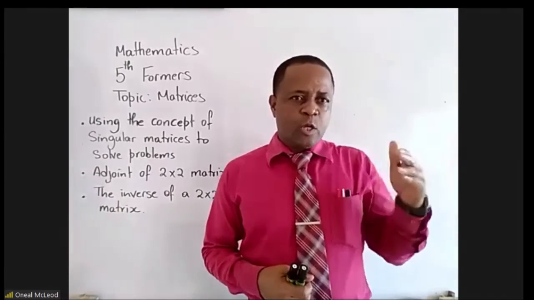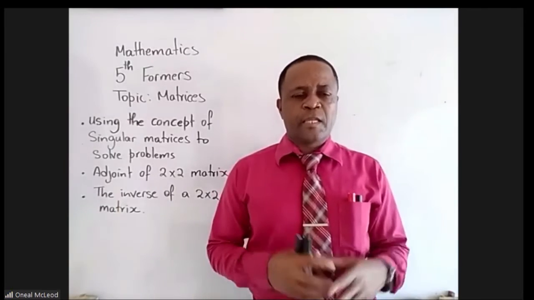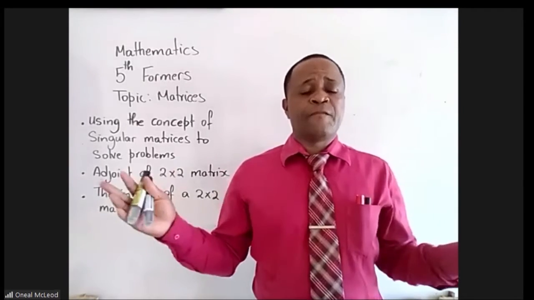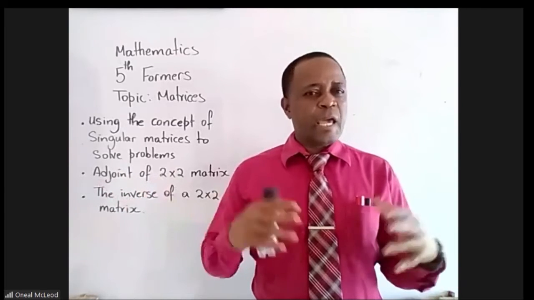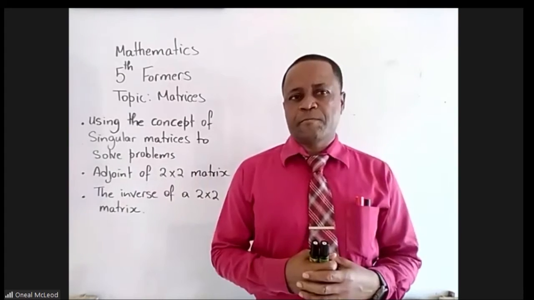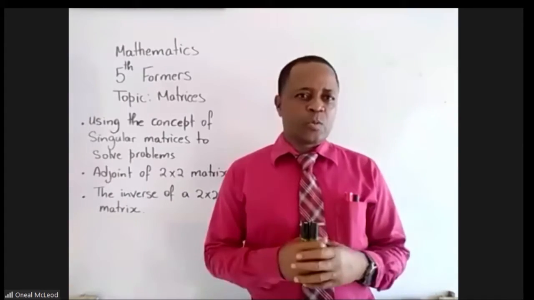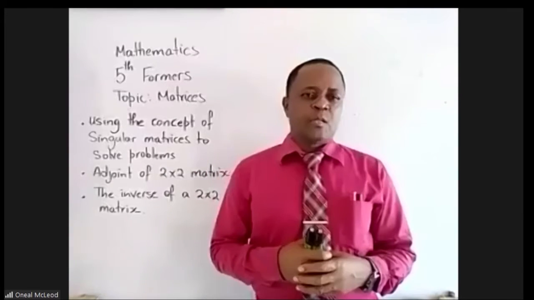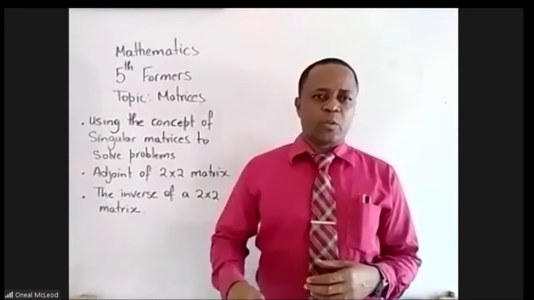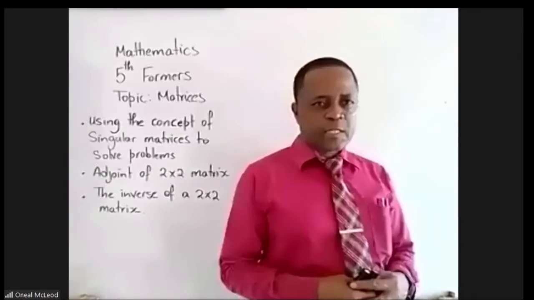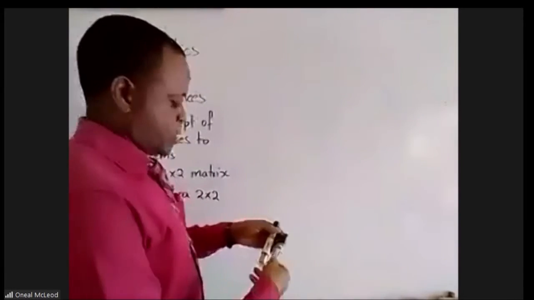Now, if it is a non-singular matrix, it simply means that the determinant can be any value except for 0. So all you need to do to show that it is a non-singular matrix is just work out the determinant. All right, let's look at some questions and see how we go about doing those.